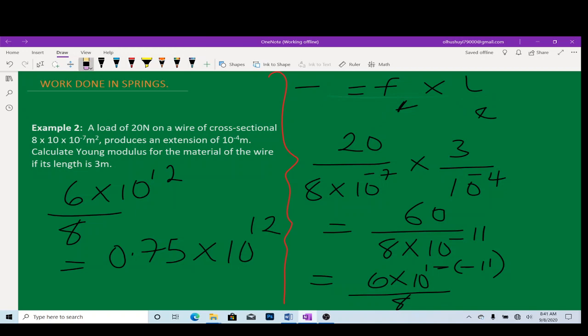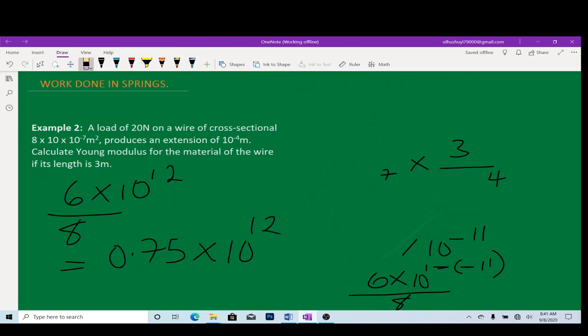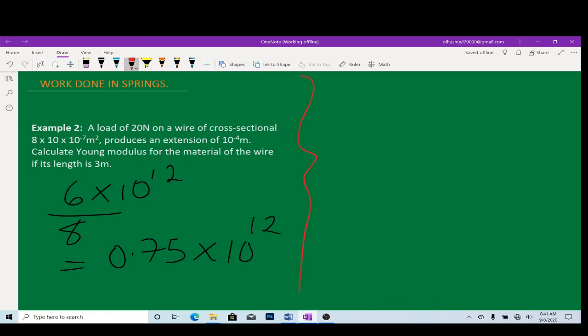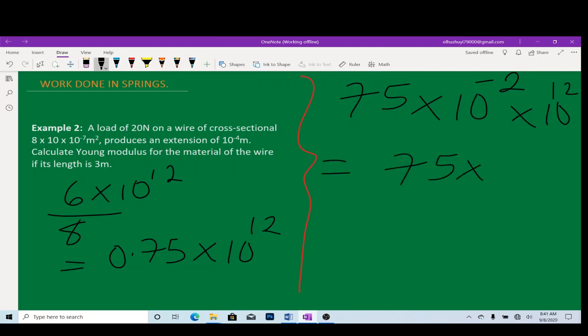What do we have there? That will amount to what? You can re-express this as 75 times 10 raised to the power minus 2, and then times 10 raised to the power 12. So you're going to have 75 times 10 raised to the power 10.